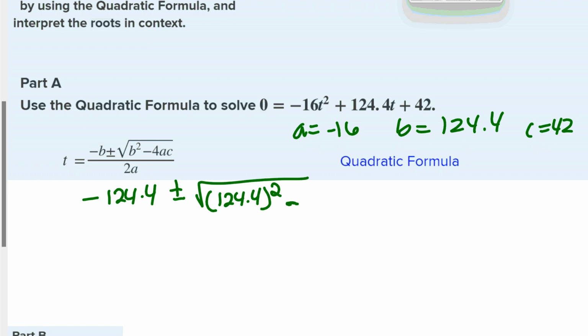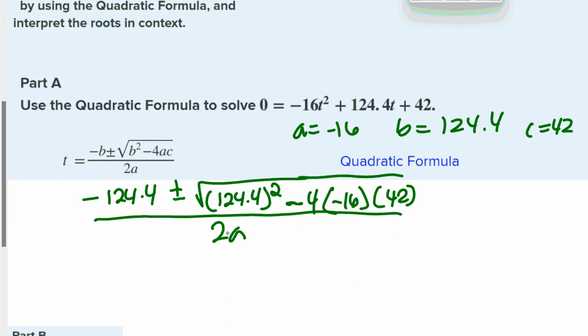Then subtract 4 times my a; I'd recommend always putting these inside parentheses. My a is negative 16, so make sure you have your negatives correct, and my c is positive. The whole thing is over 2a, and a is again negative 16.